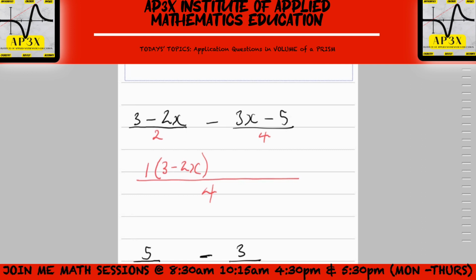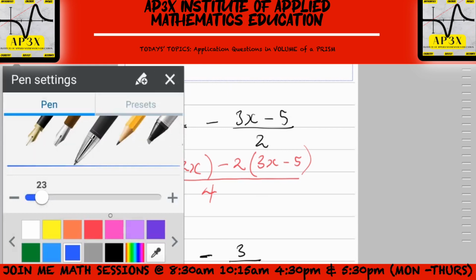It's not necessarily needed, but just as practice, so you avoid any little mistake that might seep in and cause you to get the question incorrect, I do recommend that you write the 1, but you don't necessarily have to. Okay, so 4 into 4, yes, goes 1 time, times the top. And then here, 2 into 4 goes 2 times. Remember, you bring down the sign, 2 times, open bracket, bring down our binomial expression numerator into a bracket here.